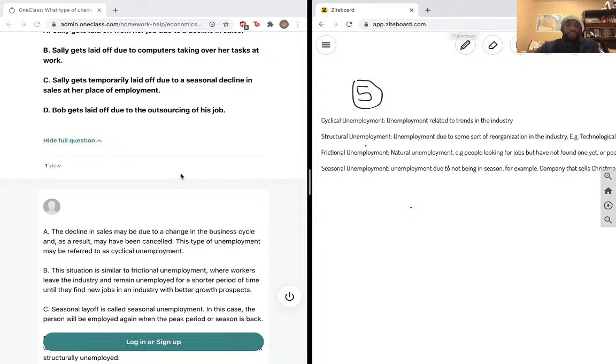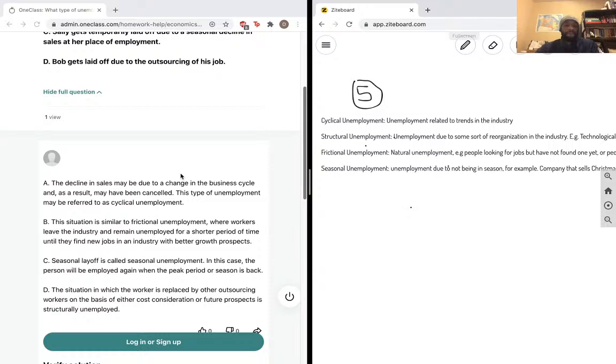Bob gets laid off due to outsourcing of his job. This is a situation in which the worker is replaced by outsourced workers on the basis of either cost consideration or future prospects, and he is structurally unemployed. So I think this can be structural unemployment, and it could also be seen as frictional unemployment.